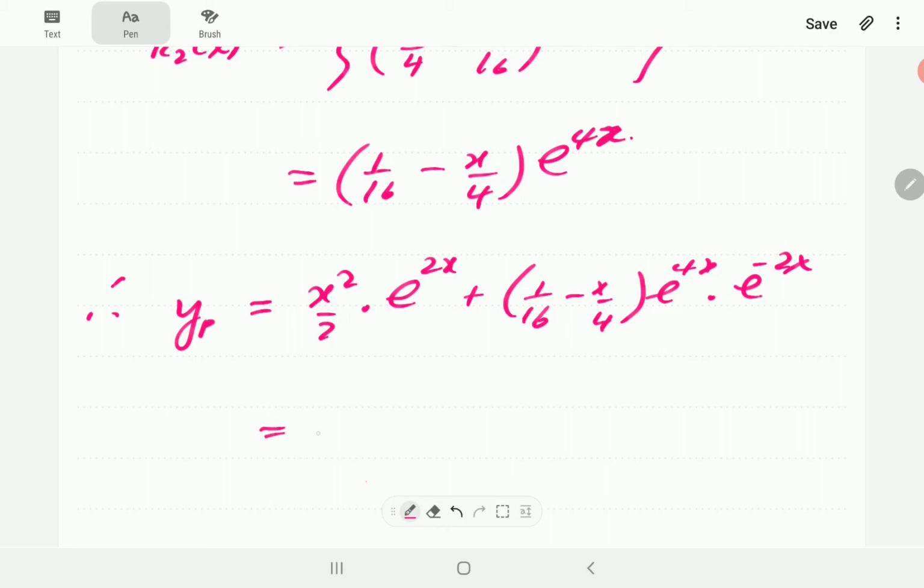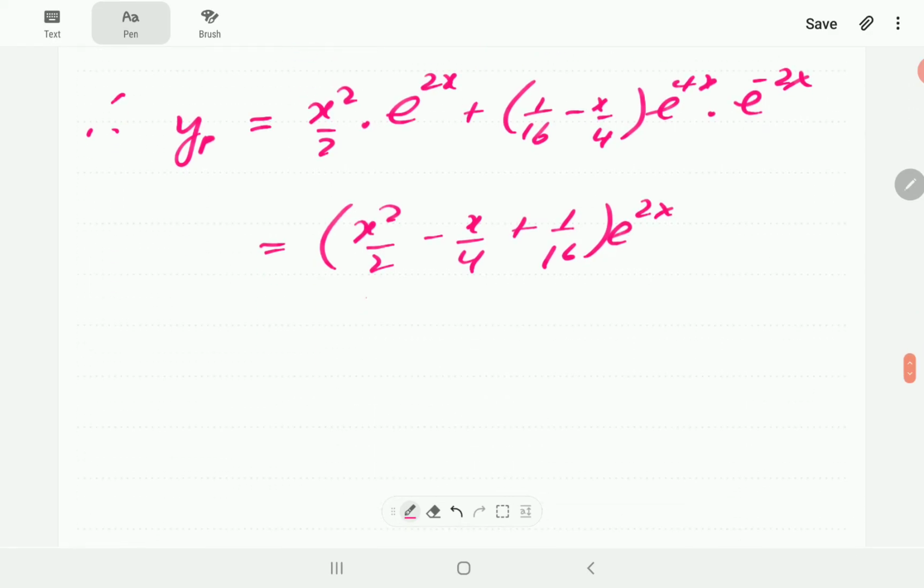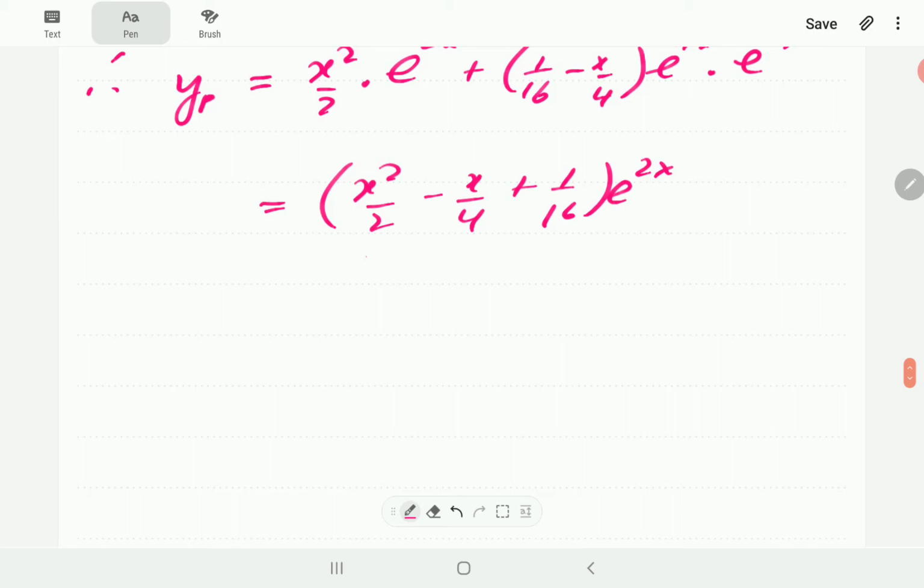And so if we combine the terms here, it will be x squared over 2 minus x over 4 plus 1 over 16, all times e to the 2x.